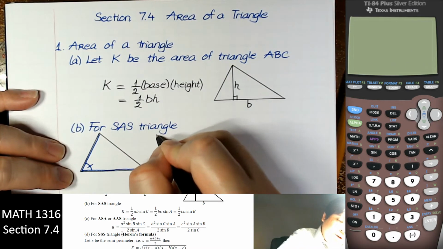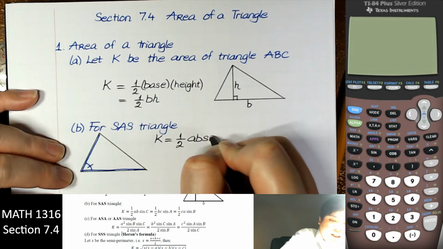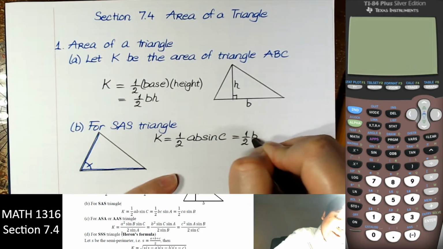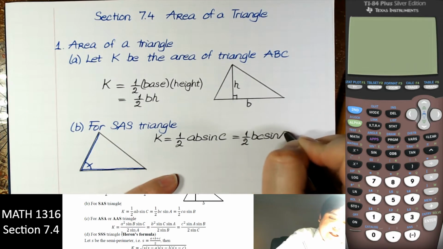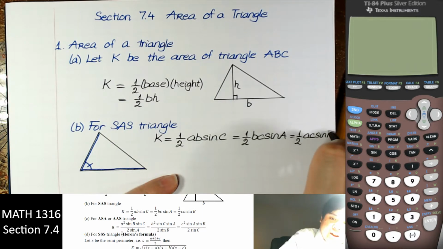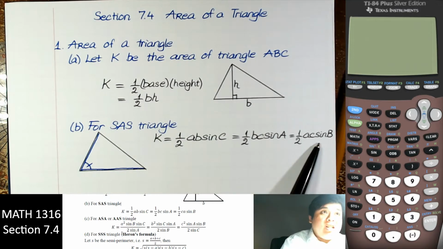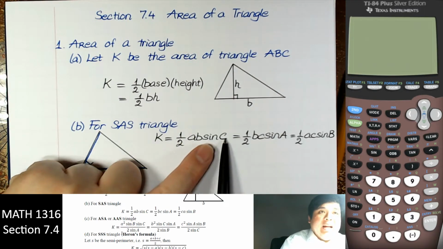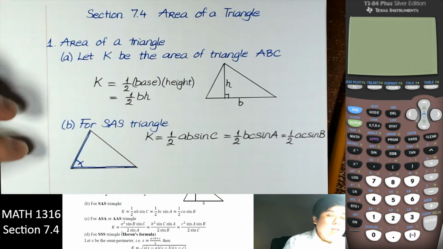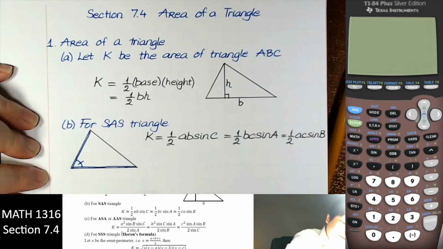In that case the formula for the area is 1/2 AB sine C, or 1/2 BC sine of A, or 1/2 AC sine of B. As you see, we have little a, little b, and angle C all present.